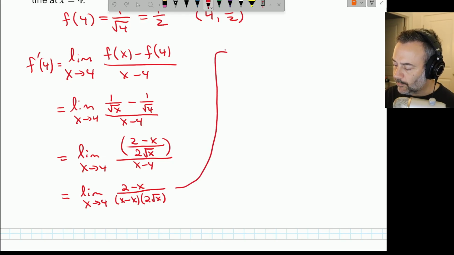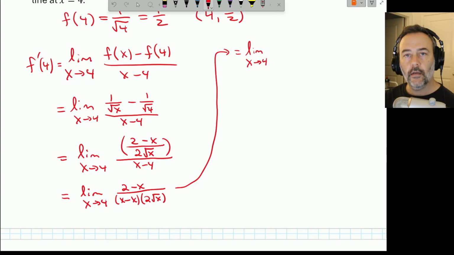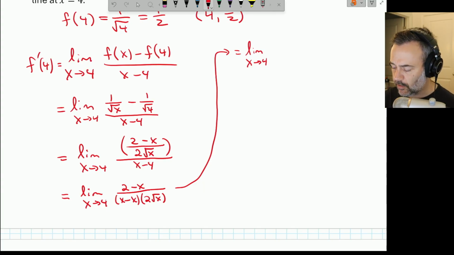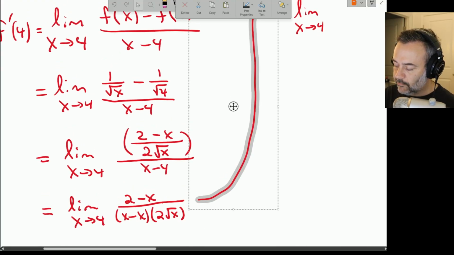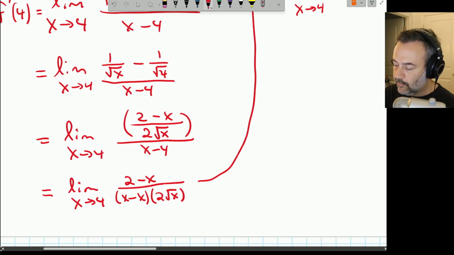Now I'll come up here and I've got equals limit as x goes to 4 of... I just realized I made a mistake. I knew something was wrong. I made a mistake back here, so let's go fix it. When I subtracted these, my denominator is correct, but this needs to be square root of x.